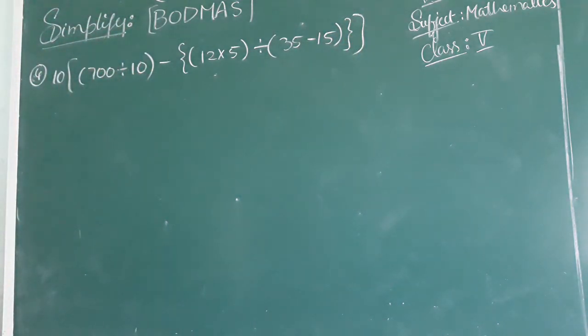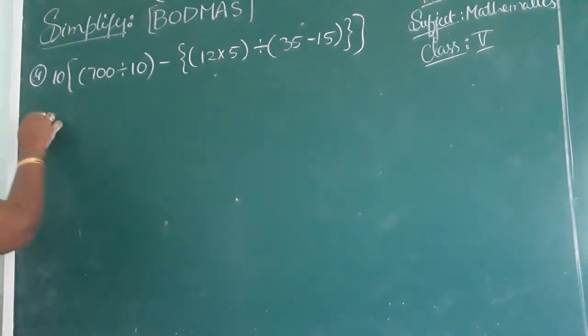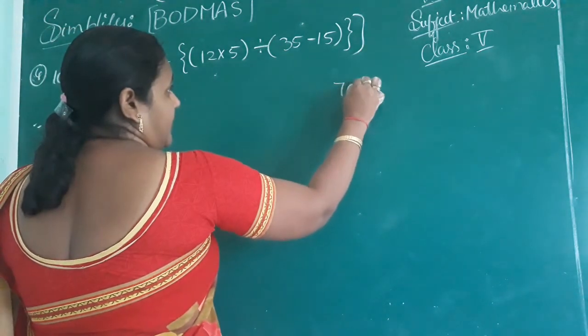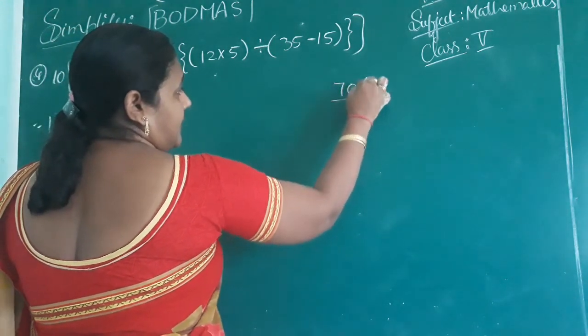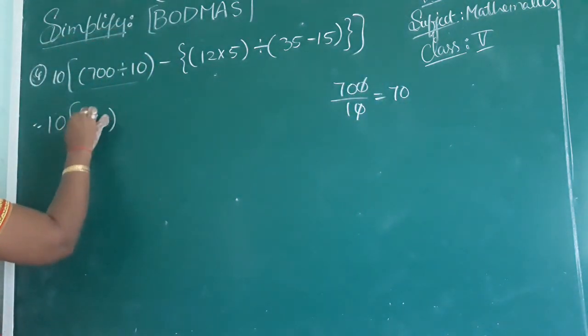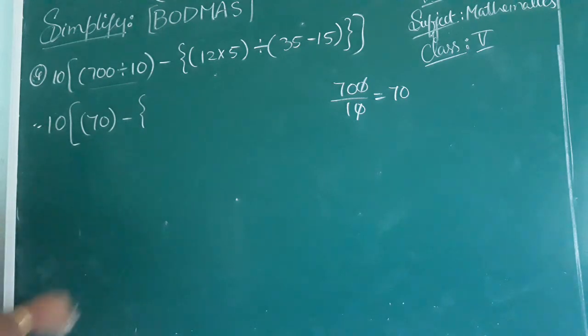Okay, see. 10 of square bracket start. First we should simplify the round bracket. What are the round brackets here? 700 divided by 10. What is 700 divided by 10? 0, 0 get cancelled. The answer is 70. So 70 minus of curly bracket starts.